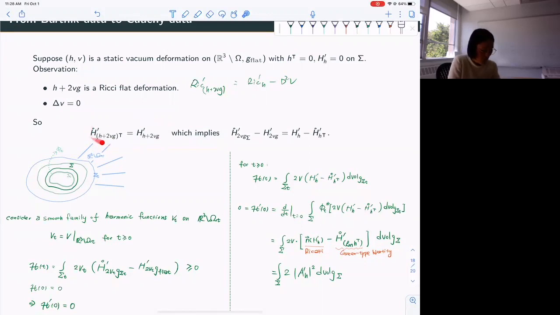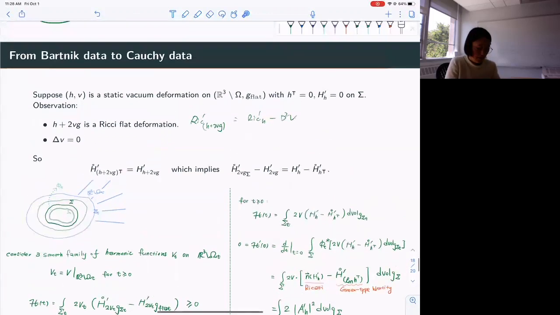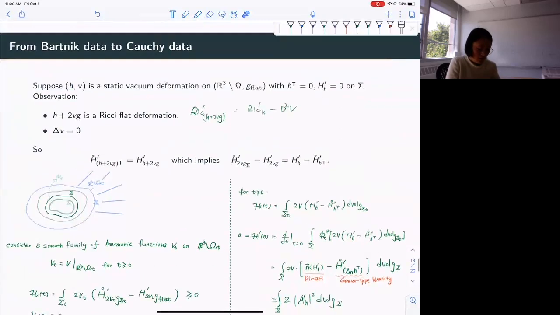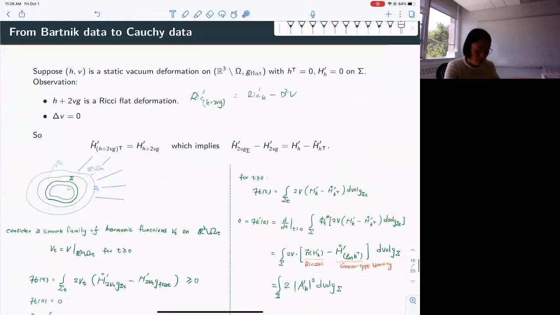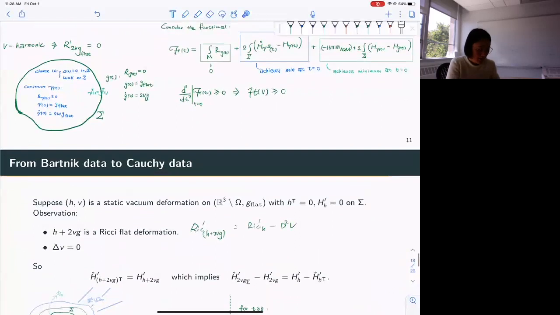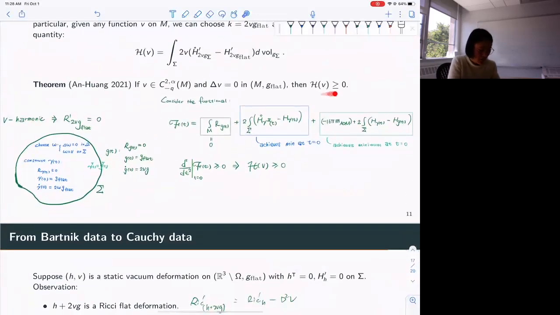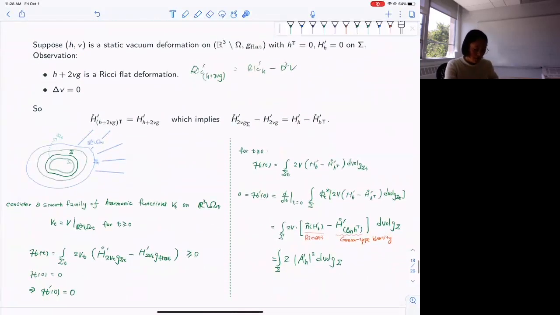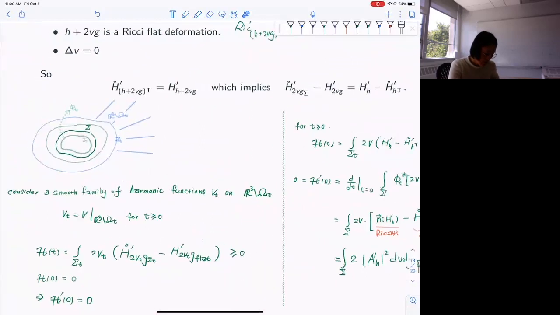With this equality, we can now rewrite the integral here in terms of H, because finally we want to derive A prime H. We want to derive a quality on H, so we want to apply this inequality to the quantity here on H. The idea is written here.